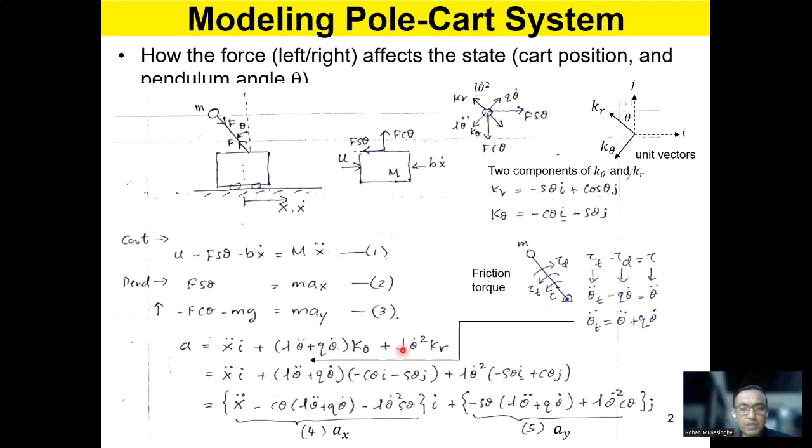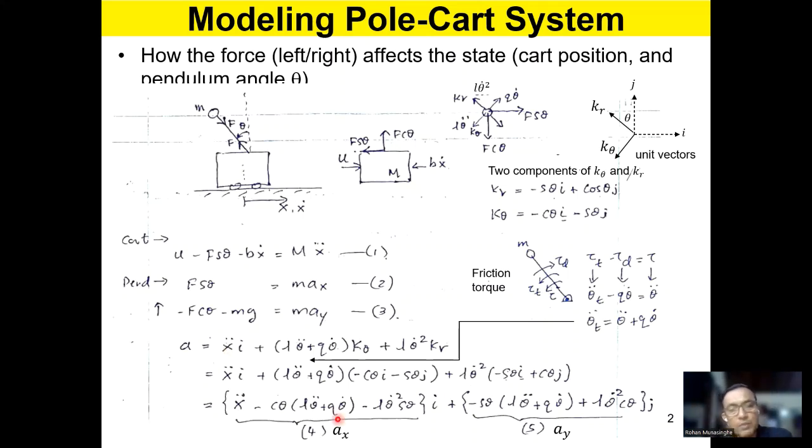The third term is the centrifugal acceleration, with their respective directions defined by k theta and k r, plus x double dot i, that is the acceleration of the cart. So these are the three acceleration components of the pendulum.